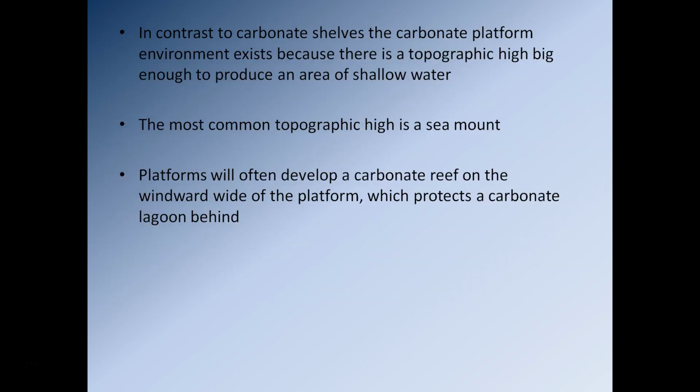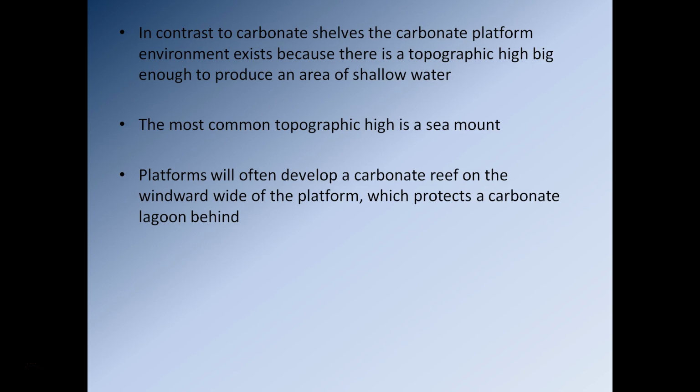So in contrast to the carbonate shelves, the carbonate platform environment exists because there is a topographic high big enough to produce an area of shallow water. The most common topographic high is a seamount. Seamounts are typically extinct volcanoes on the seafloor. And obviously, like any volcano, they tend to be quite tall, and the upper portions of the volcano can sometimes end up producing a water depth of around 0 to 200 meters.